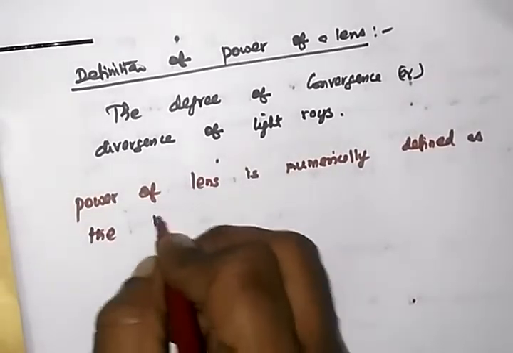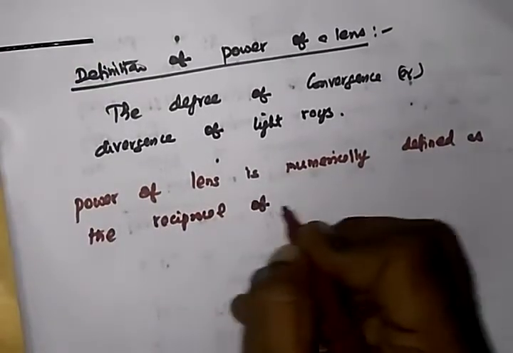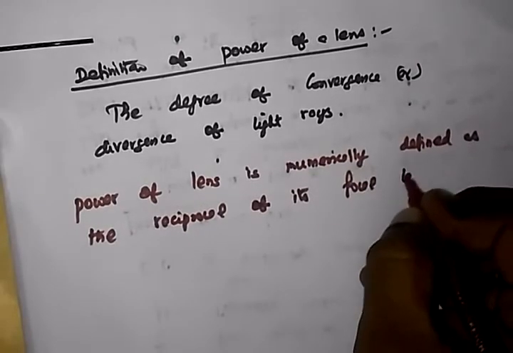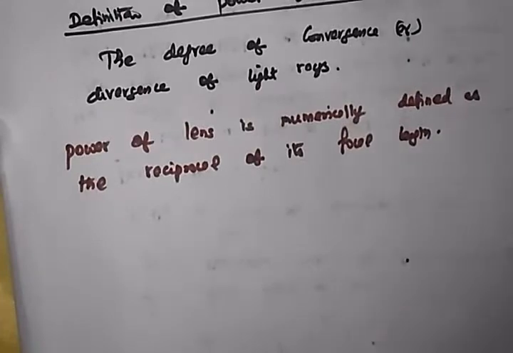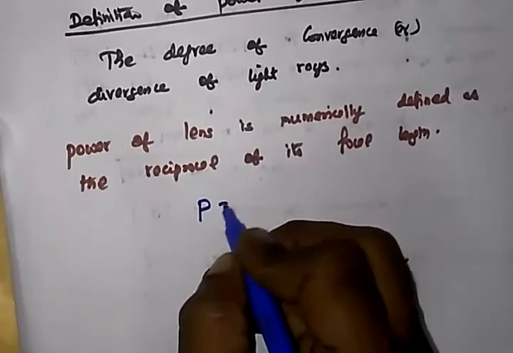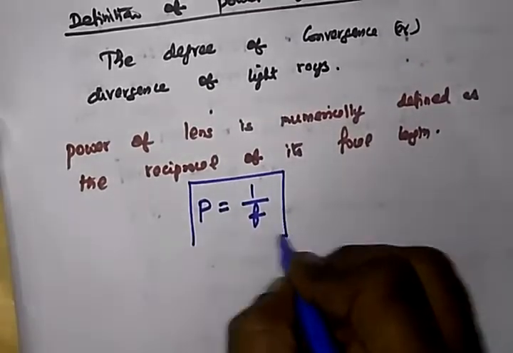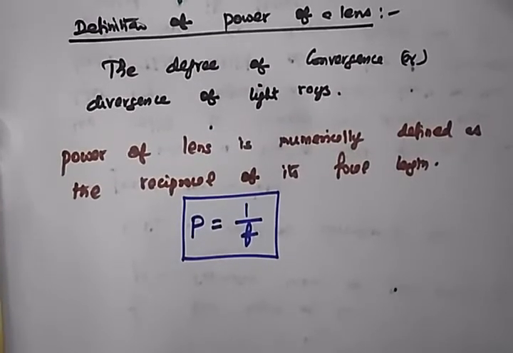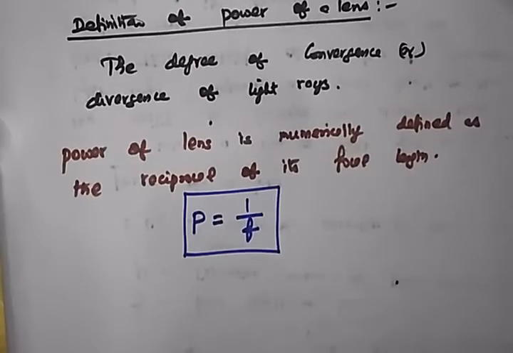the reciprocal of its focal length. So we can write P equal to 1 by f. Power of lens is numerically defined as the reciprocal of its focal length.